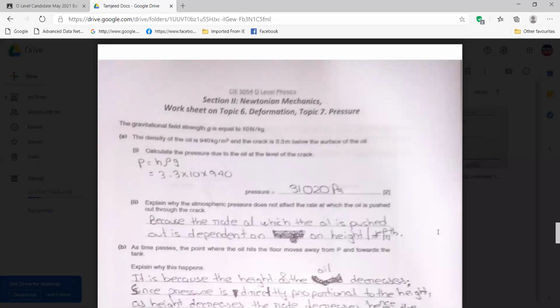Yeah, the liquid pressure depends on height. They are asking you how the liquid pressure is independent of atmospheric pressure, and is not affected by atmospheric pressure.